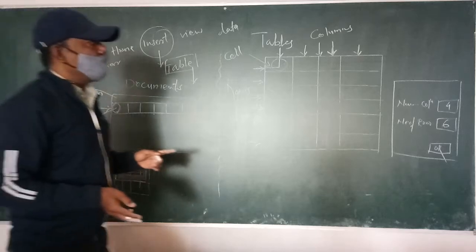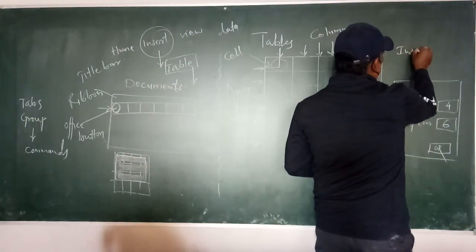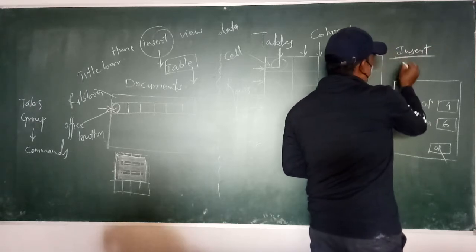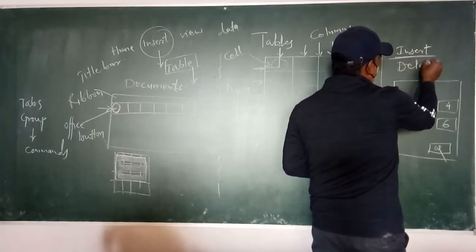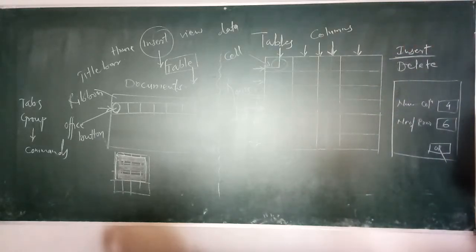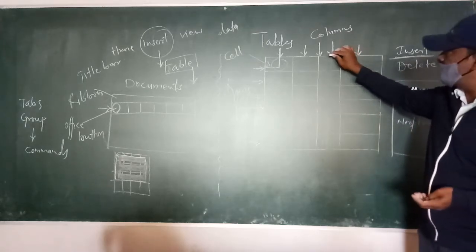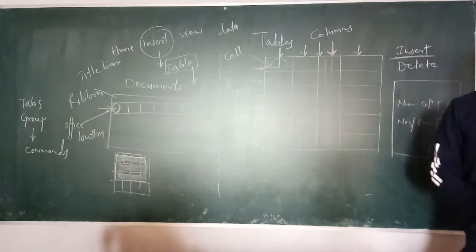Insert is over. Now if you want to delete a column or row, now how many columns are there? 4 columns are there. If you want to delete this column, what do you have to do?